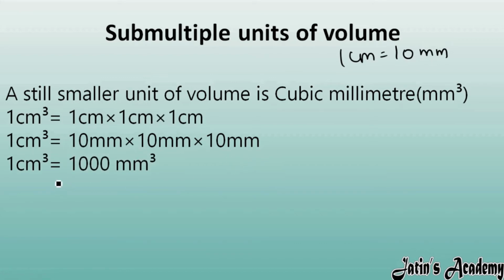So by solving it, we get 1 centimeter cube is equal to 1000 millimeter cube. This is a very important relation from the exam point of view. If the question asks 1 centimeter cube is equal to dash millimeter cube, you have to put the value 1000 millimeter cube.